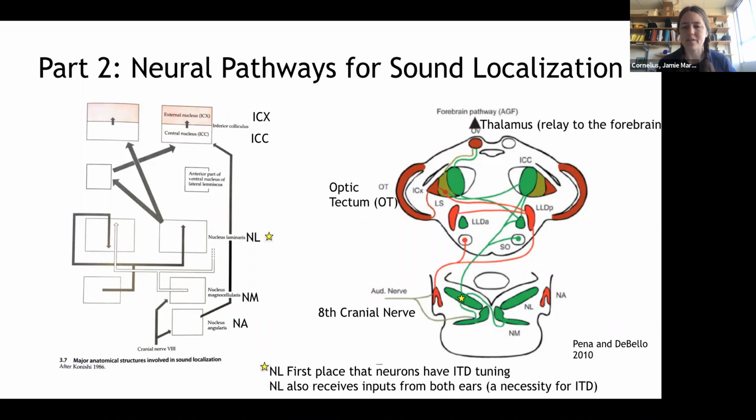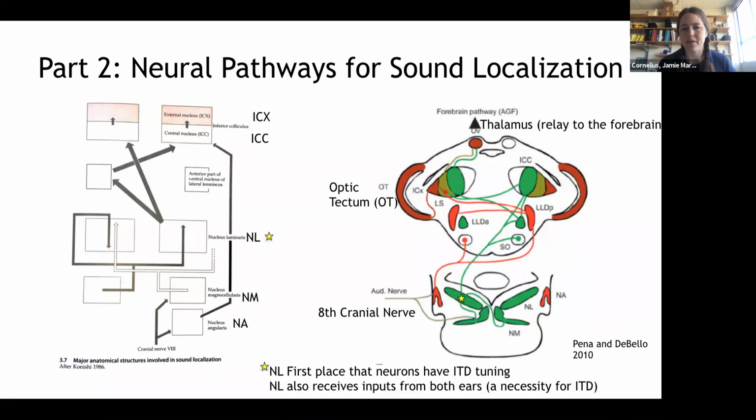And of course, in order for the brain to be able to process that information, it needs to receive inputs from both ears. And the nucleus laminaris receives inputs from both ears, so it meets that qualification. And then it responds selectively to different interaural timing differences.